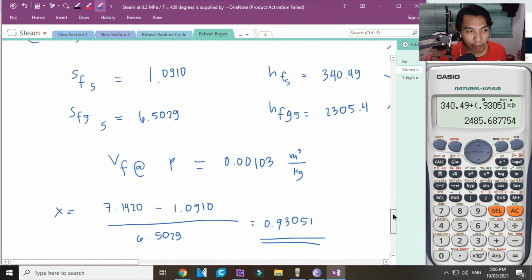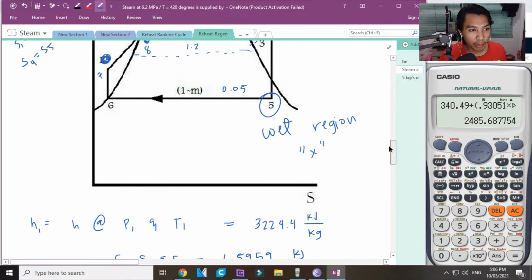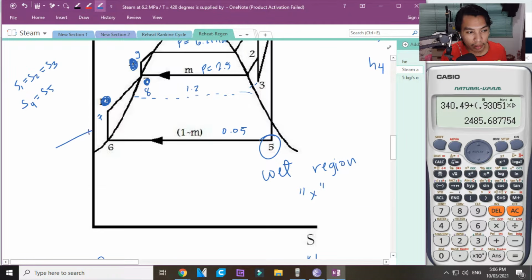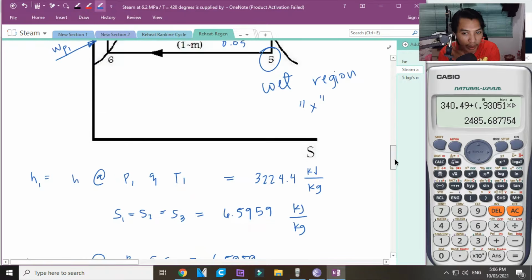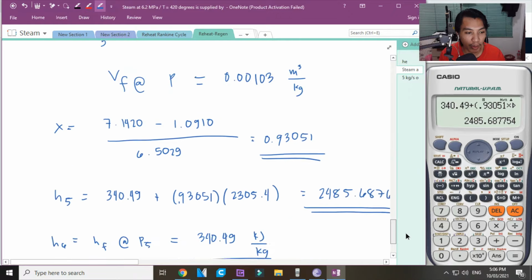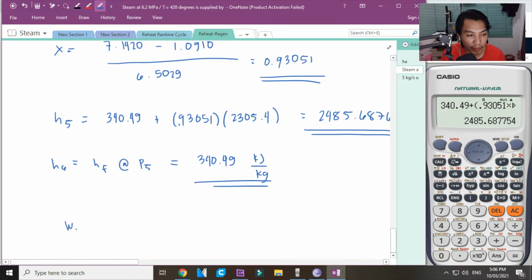Now, this is our problem. You input here the work of pump 1, and here the work of pump 2. That is what we will solve to find H7. All we have to do is get the work of pump 1.